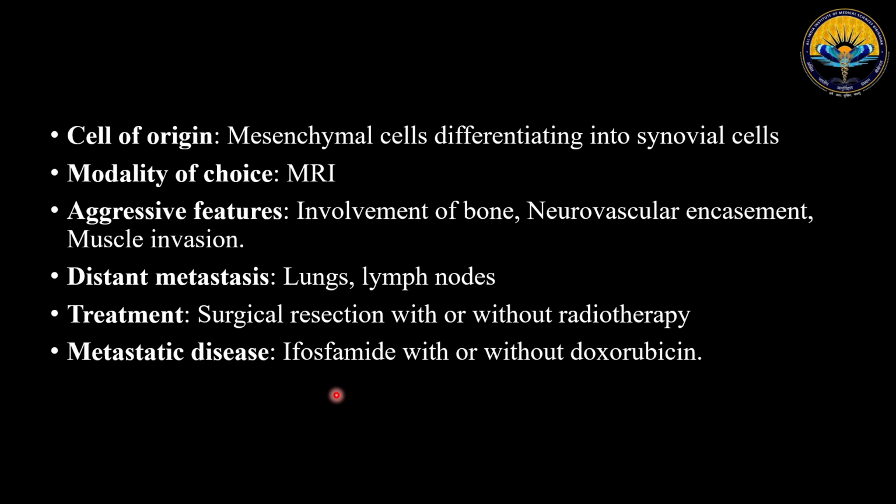Aggressive features will be bone involvement, neurovascular encasement, muscle invasion. Distant metastasis is to the lungs and lymph nodes. The treatment is surgical resection with or without radiotherapy in case of non-metastatic tumor. And for metastasis, we have to give chemotherapy: ifosfamide with or without doxorubicin. Post treatment we can follow up the patient with either CT or MRI. PET CT also can be done for metastasis purposes.